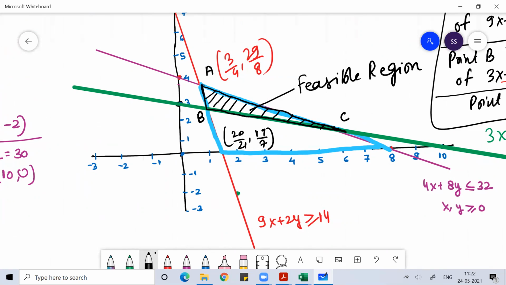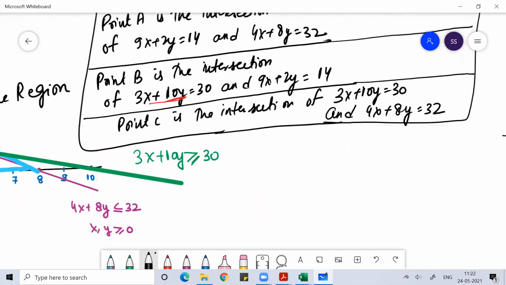Okay, so x value is 20 by 21, y value is 19 by 7. Like this, you can find point C coordinates. Point C is the intersection of these two lines.